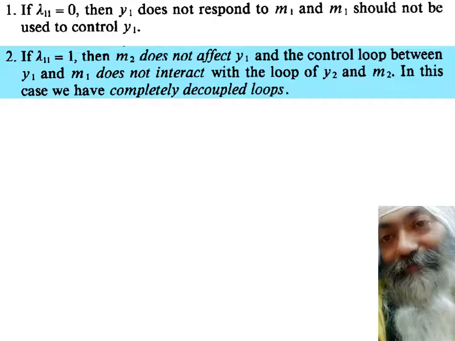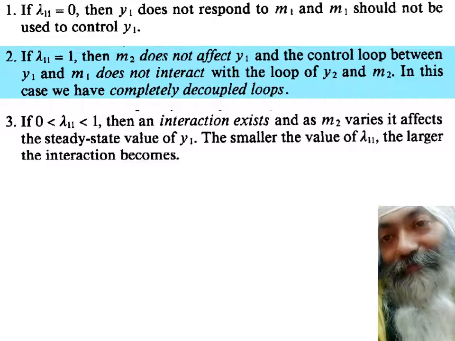There is no interaction whatsoever between the upper loop and the lower loop. This is the ideal condition. This is not MIMO at all. This is just a couple of two seesaws. It's a very happy scene actually, and it's not actually there, but if it happens by chance or by design, then it's something very good.